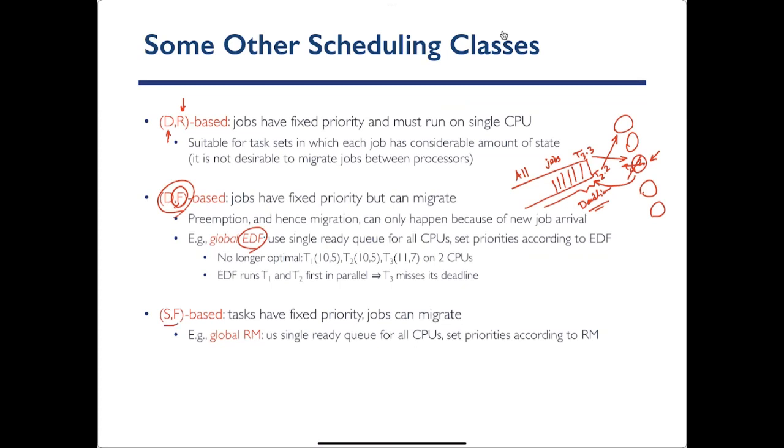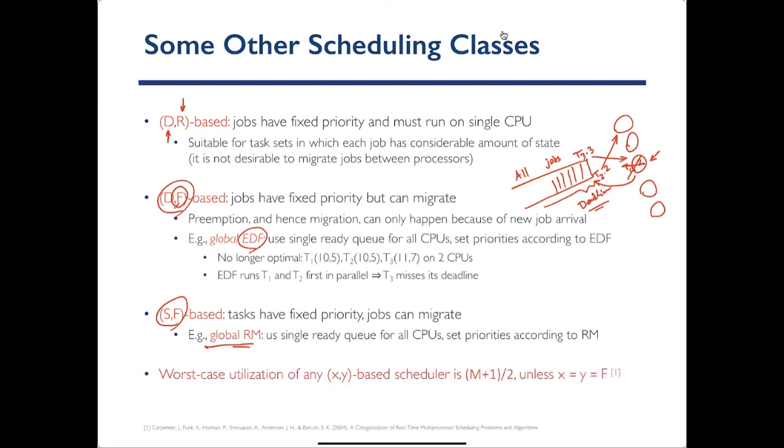Another one that you could have is SF. So you could have a global RM instead of global EDF. If you put an RM, rate monotonic scheduler for this single queue, then what you get is an SF.